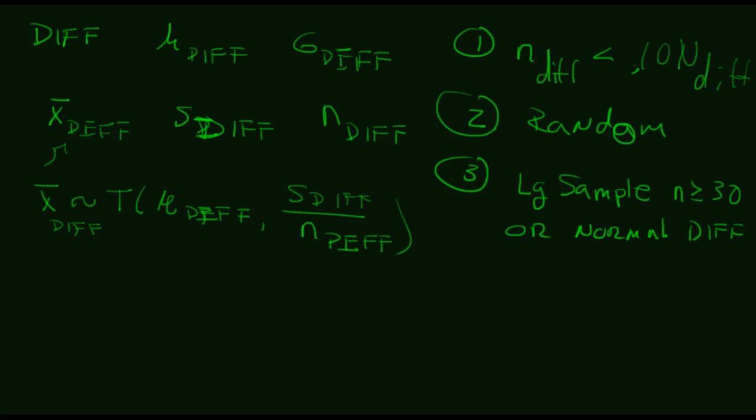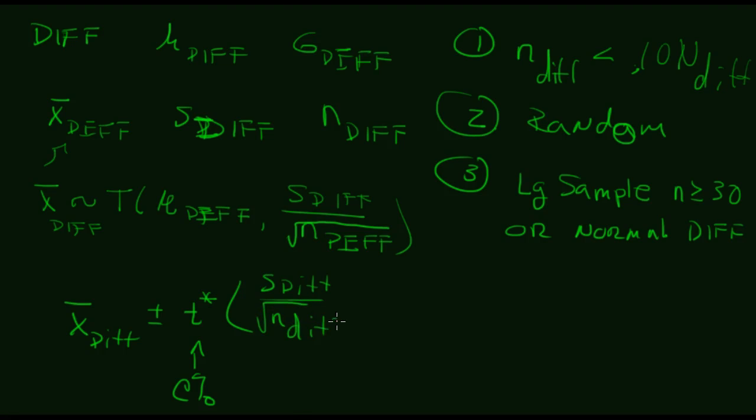So that being said, the confidence interval is just x bar diff plus or minus some t star value based on my C percentage, times my standard error, which is s diff over the square root of n diff. This should not feel all that different, right?